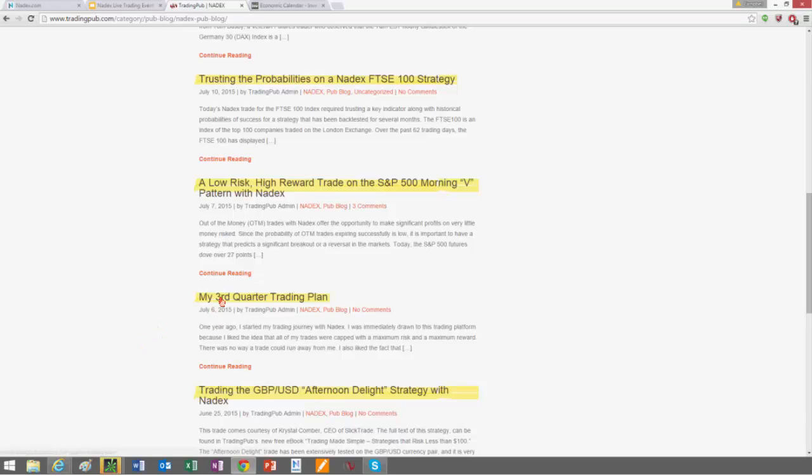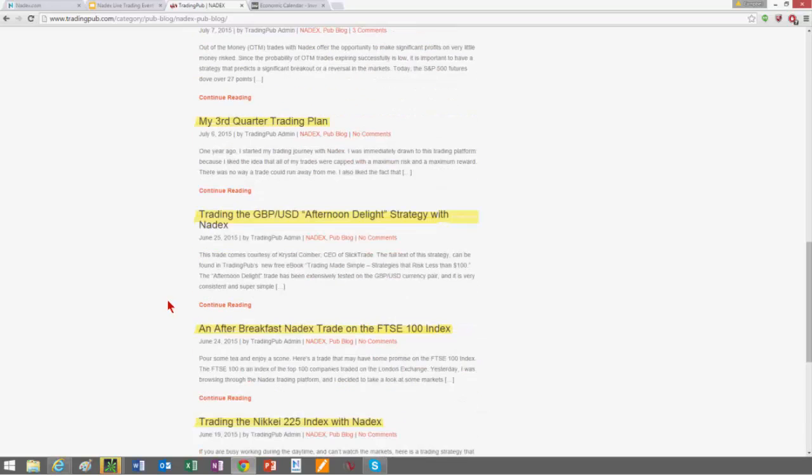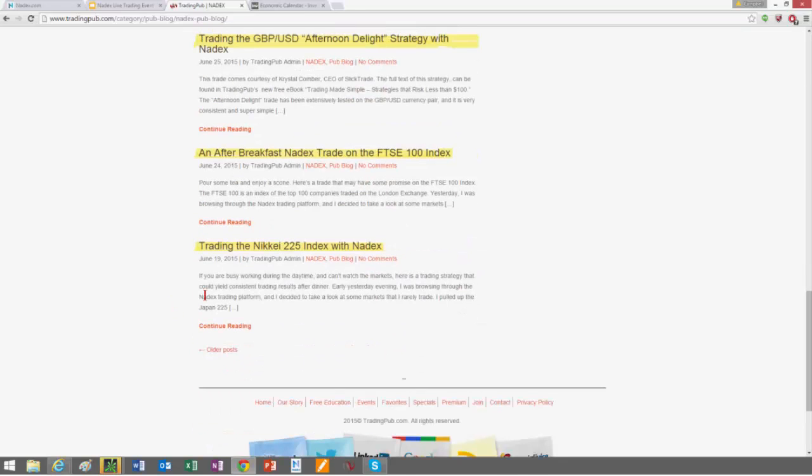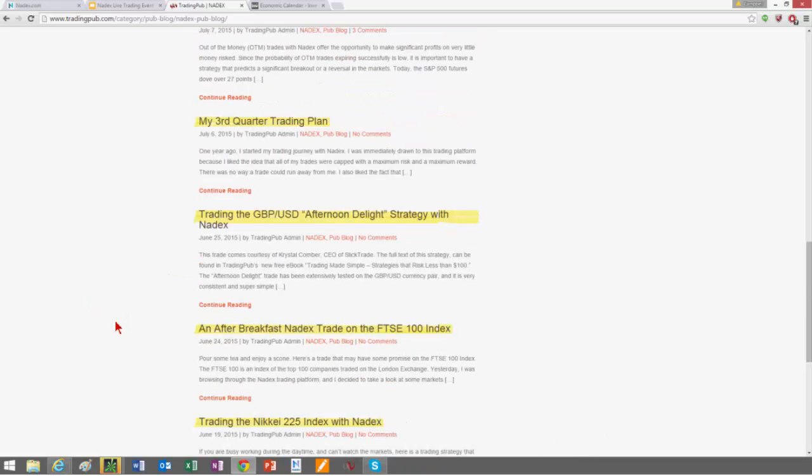I even have my third quarter trading plan that basically outlines all of the trades that I follow from 7 o'clock in the morning all the way up to 11 o'clock at night. And I actually roll from time period to time period. I've got a great trade on the Nikkei that's an early evening trade. But they're all archived here at TradingPub.